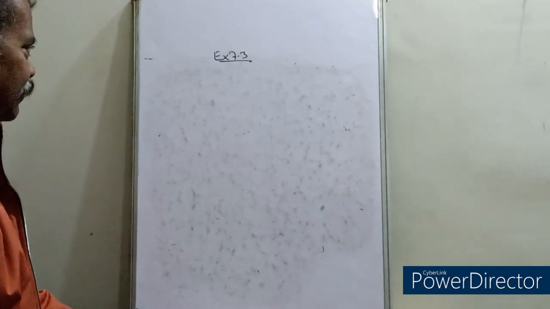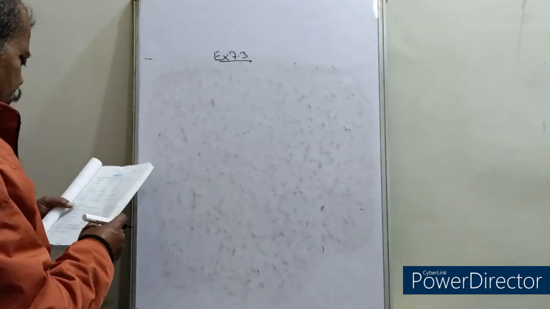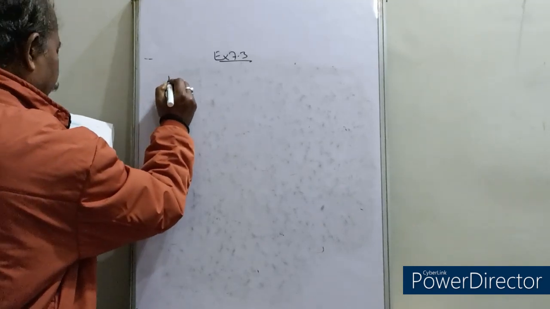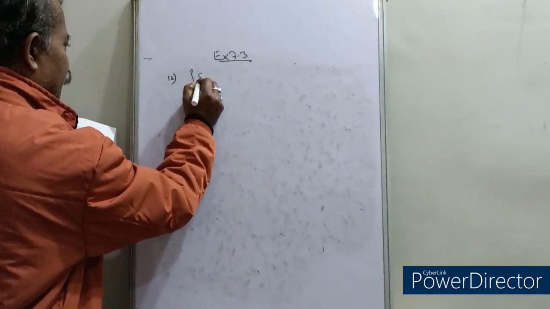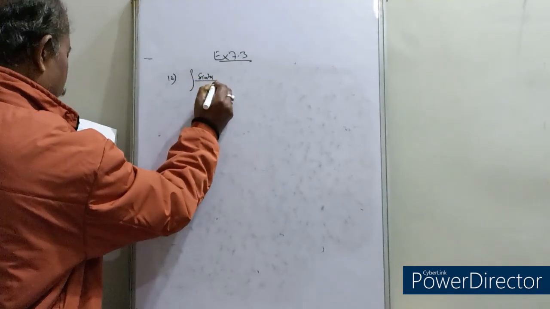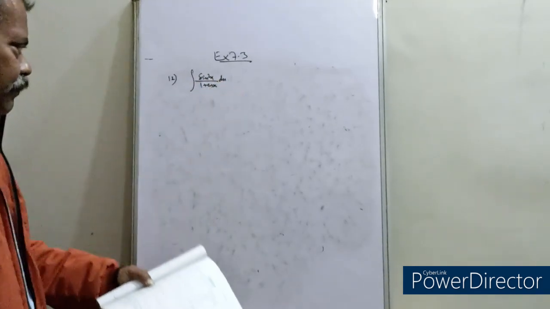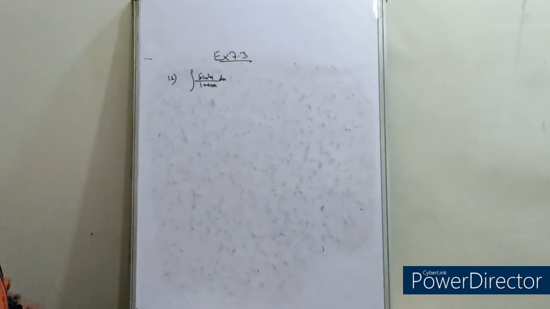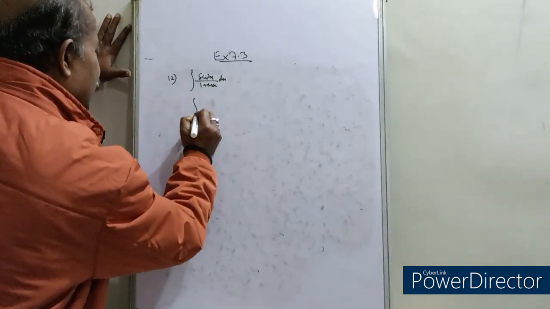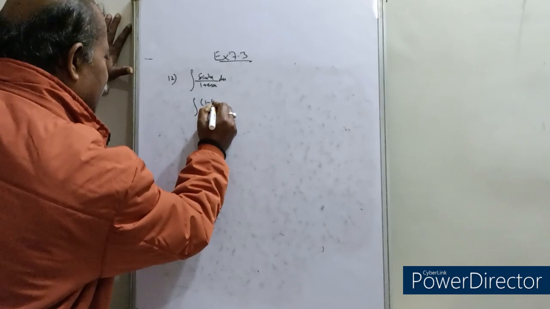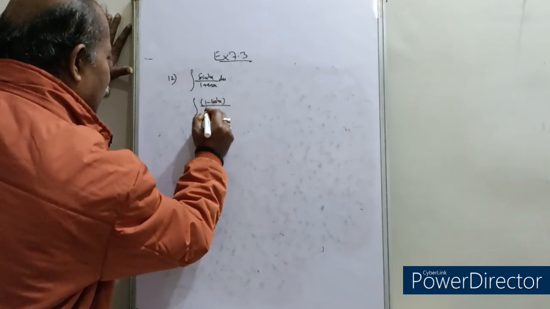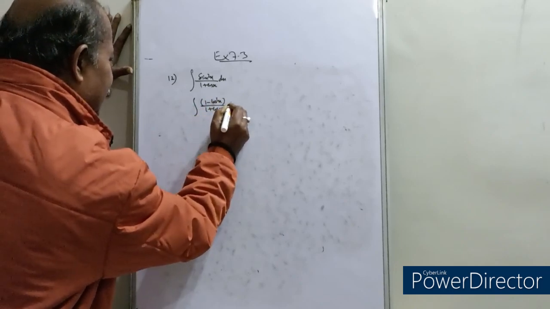Now again exercise 7.3, question number 12. Integration of sine square x by 1 plus cos x dx. So here, see how I am going to solve it. Integration of sine square x means 1 minus cos square x by 1 plus cos x dx. So a square minus b square, a plus b into a minus b.